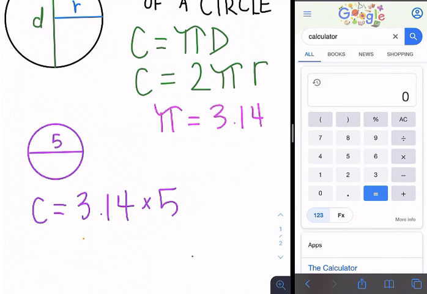So we have 3.14 times 5, and that would be 15.7. So if they give me the diameter, simple as that.